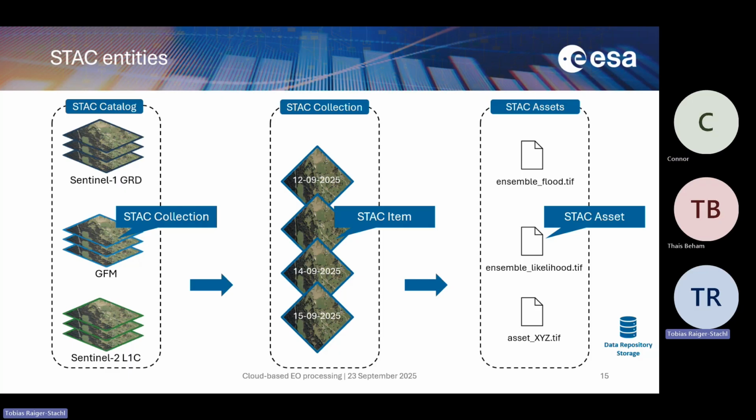Then you can, for instance, add a third STAC asset, which might be the XML file or the zip file, or whatever fits in your catalog. And those STAC assets are basically the links to the data.